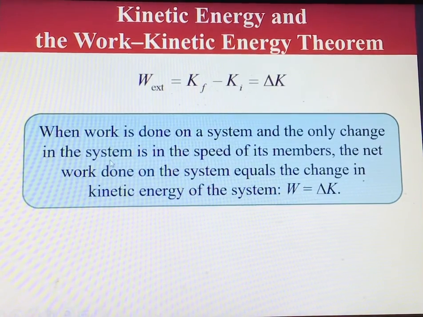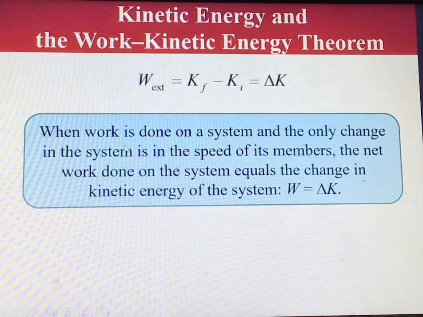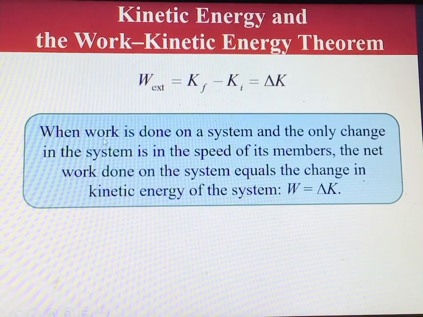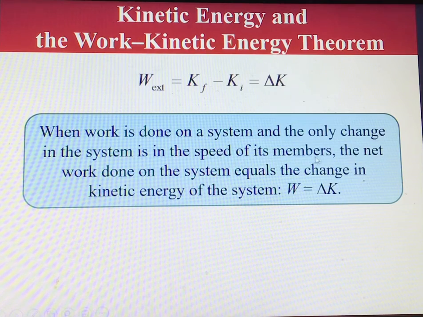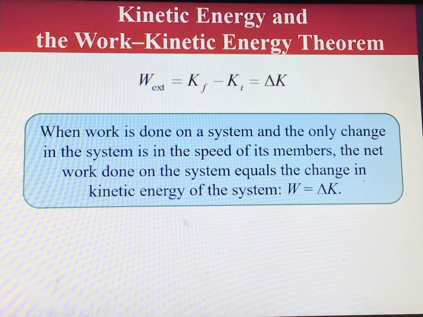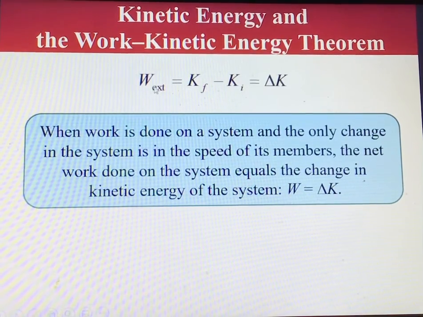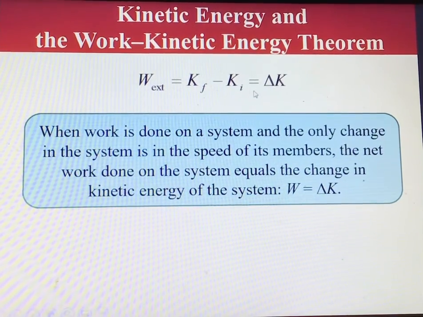So basically, the work-kinetic energy theorem simply says that when work is done on a system, and the only change in the system is the speed of the particles, then the net work done on the system must be equal to the change in the kinetic energy. So if you assume that there are no frictional forces in the system, all the work is just going to be used to increase the kinetic energy of the system.